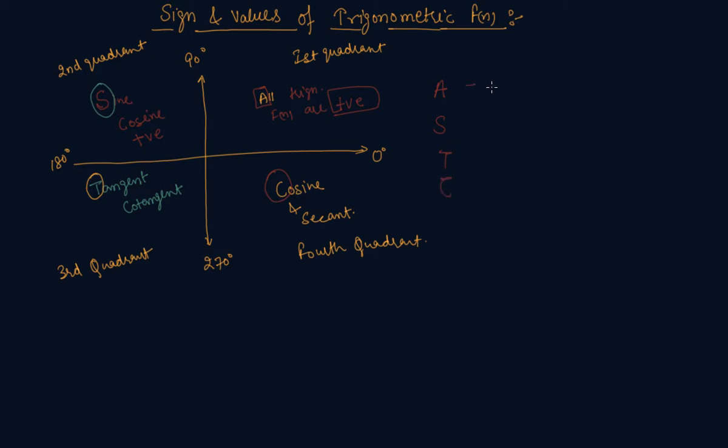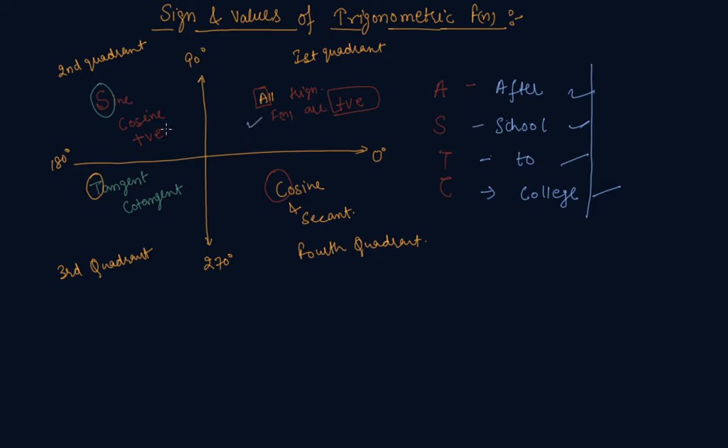ASTC, this is a short trick students, I am telling you. After school to college. So this is what you have to remember. After means A, in the first quadrant all trigonometric functions are positive.